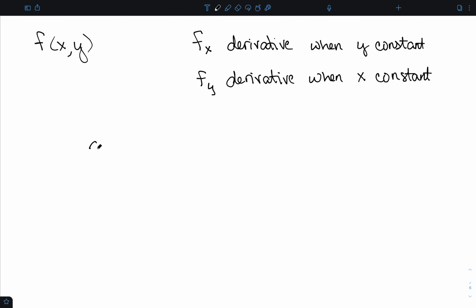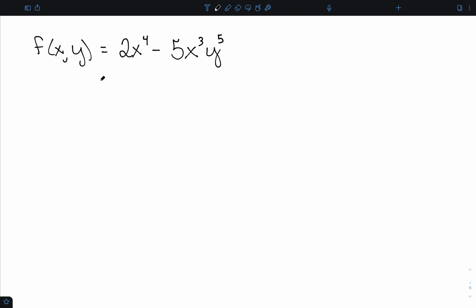We can also note these as the partial derivative of f with respect to x using this notation here, or the partial derivative of f with respect to y. Let's consider this function, f of x y equal to 2x to the 4th minus 5x cubed y to the 5th. For f sub x, I'm going to treat y like it is a constant.